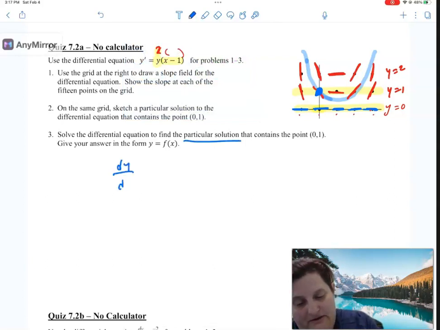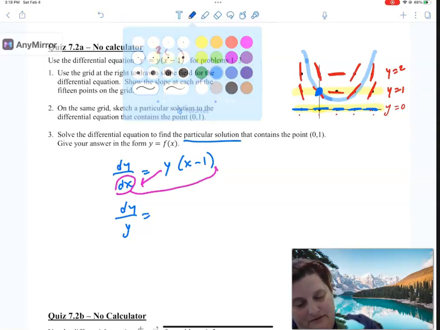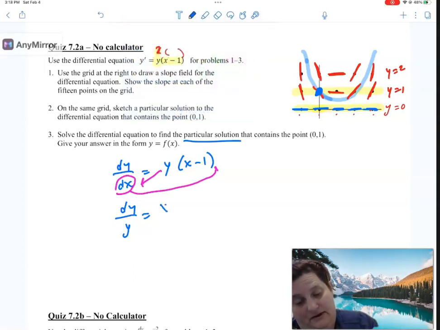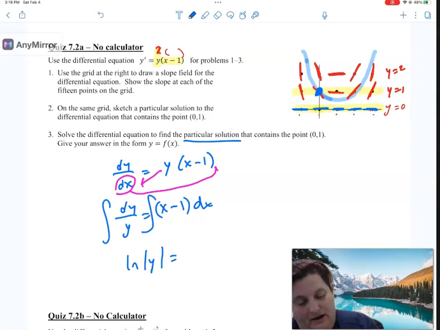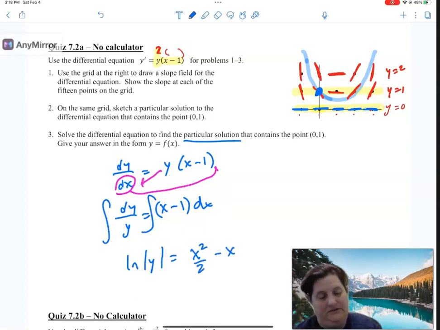All right. dy/dx is y times x minus 1. If I separate the variables, I need to bring the y down here, the dx up here, x minus 1 dx, to integrate both of them. So ln y equals x squared over 2 minus x plus a constant.